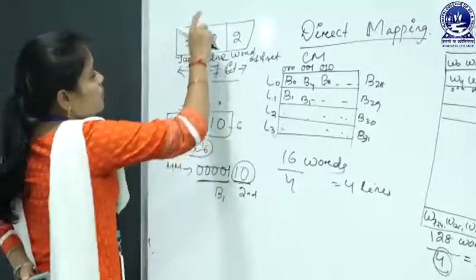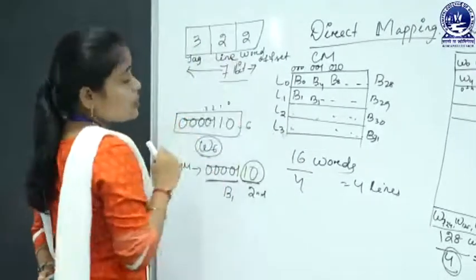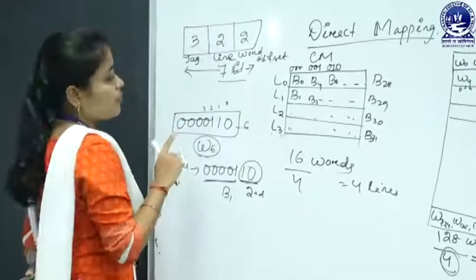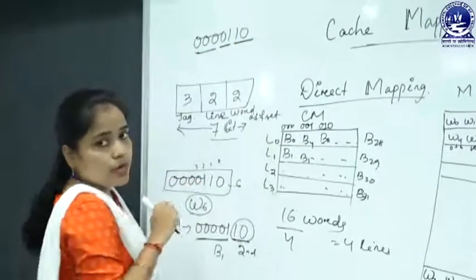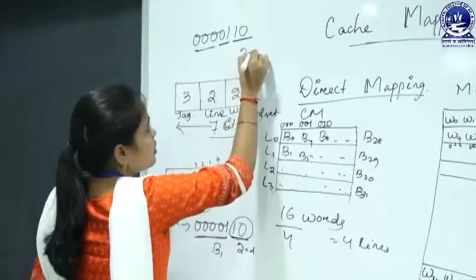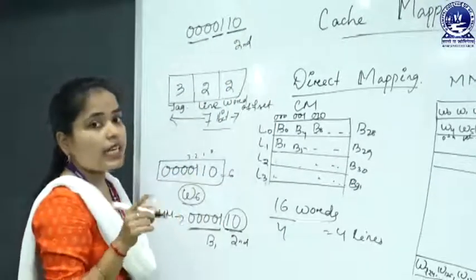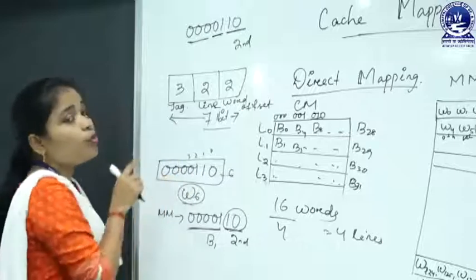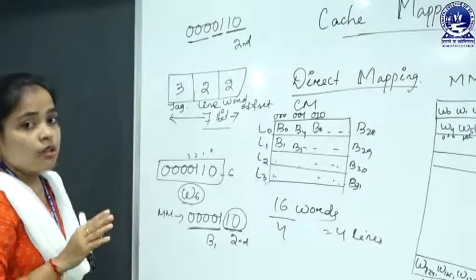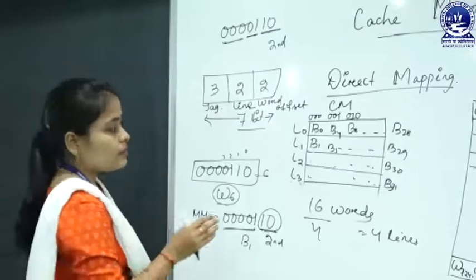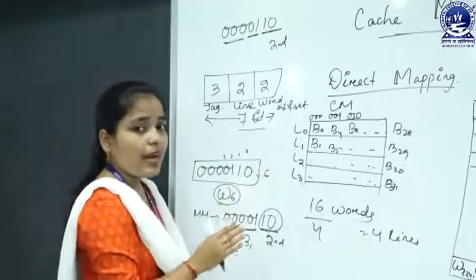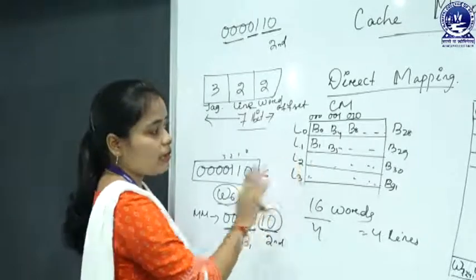So what is the value? Here you can see the word value is 10. That means the word is in the second position of which line? You have to find out the position of the word in the block, and we have already mapped the block from the main memory into the cache.